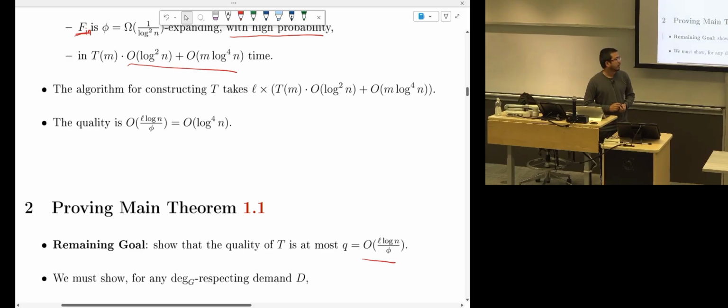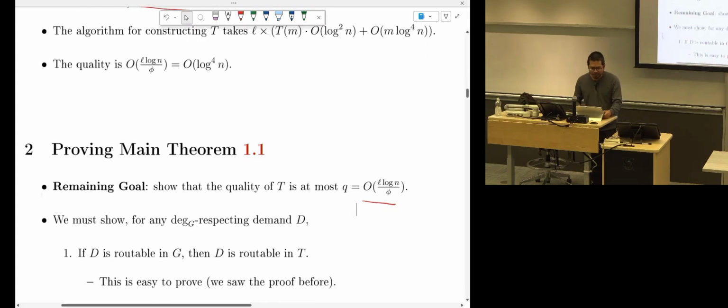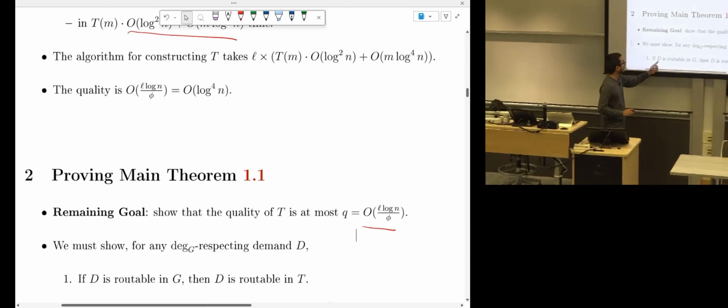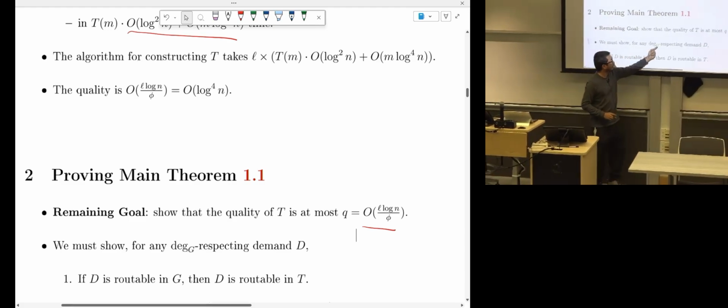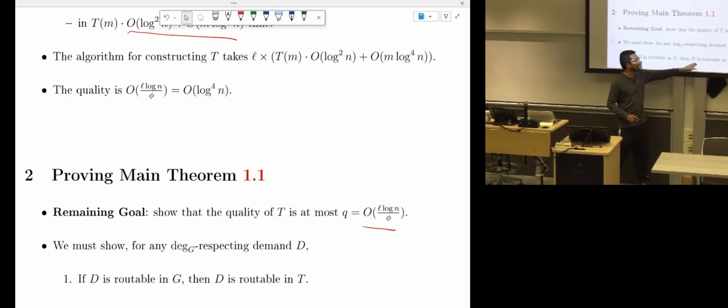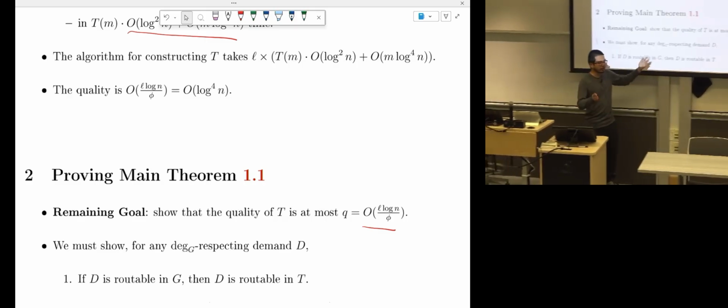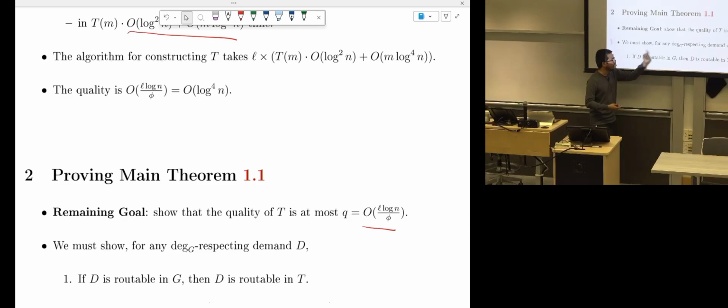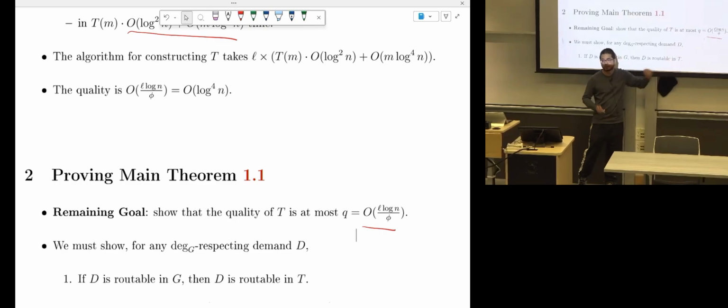And also another direction too: if it's routable in G, it's routable in T. Exactly. So it preserves routability. The first direction is that if this degree-respecting demand D is routable in G, then it's routable in T with congestion 1 as well. And the other one is if it's routable in T, then it's routable in G with congestion at most Q.